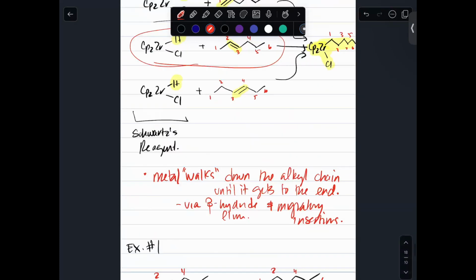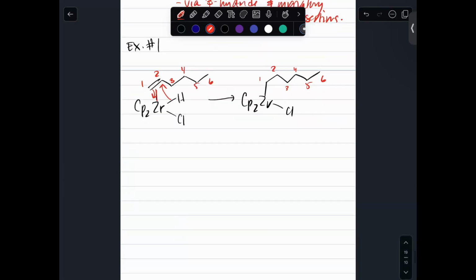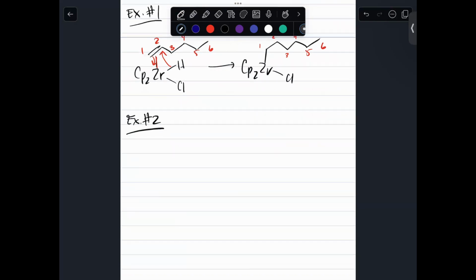But what I'm going to do now is show you example number 2. Same thing. I'll do it this way too. It's the same molecule, right?